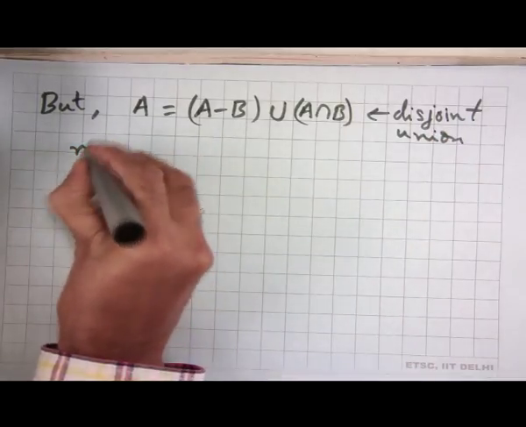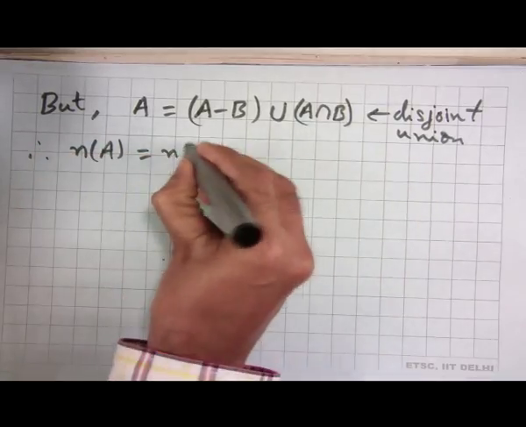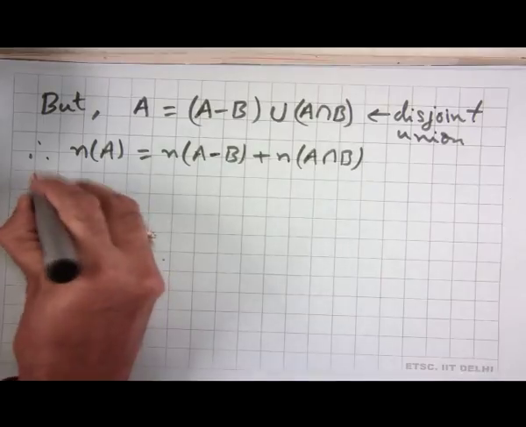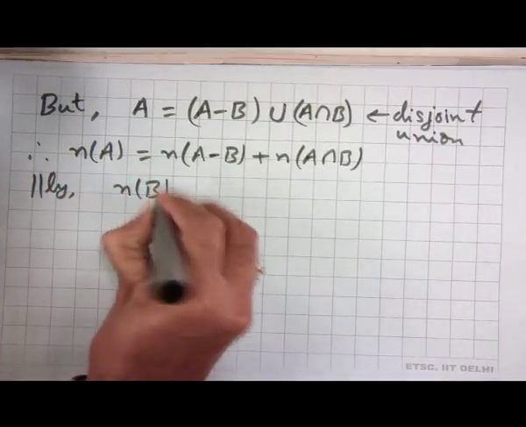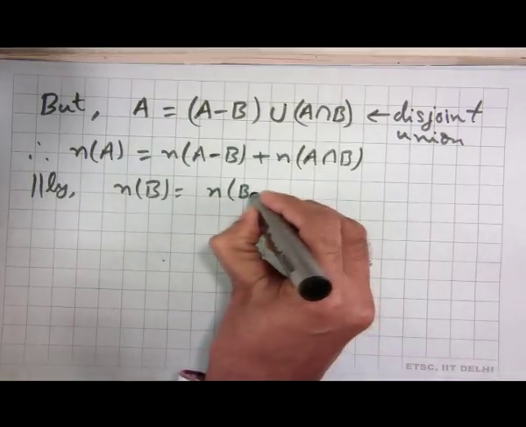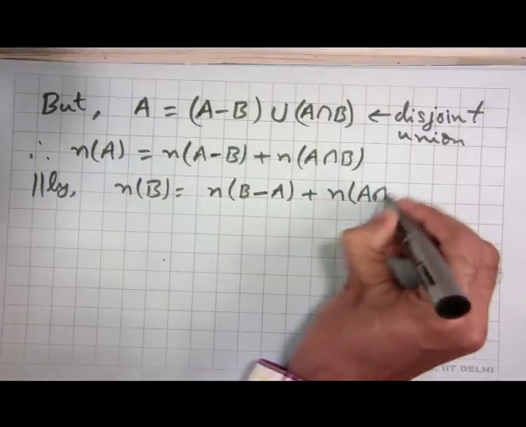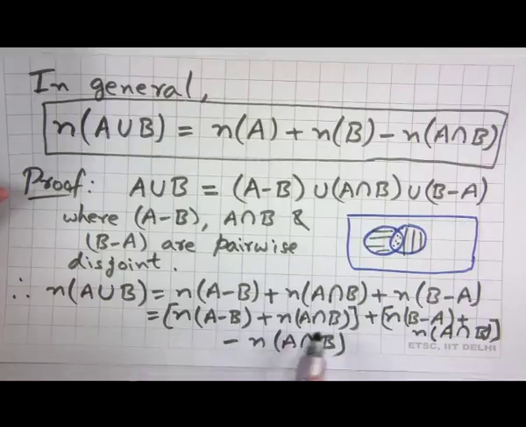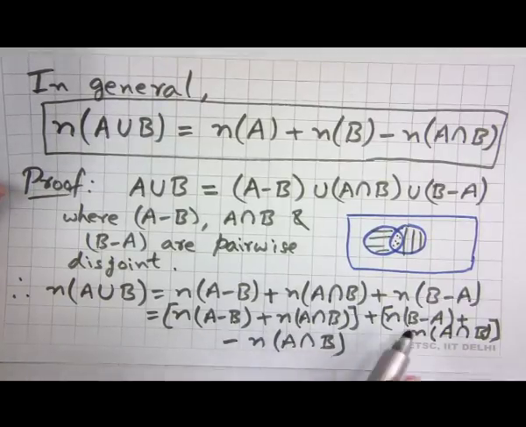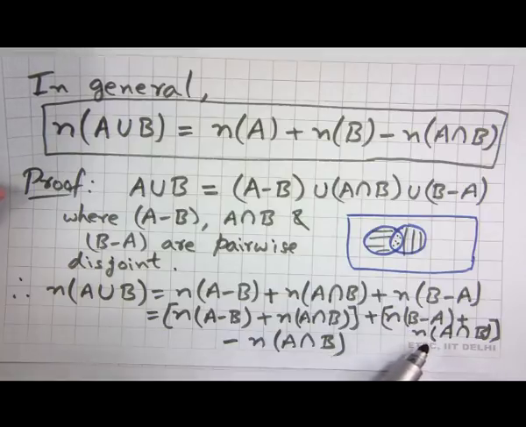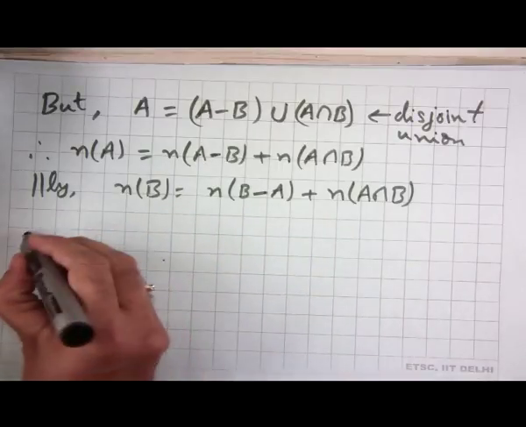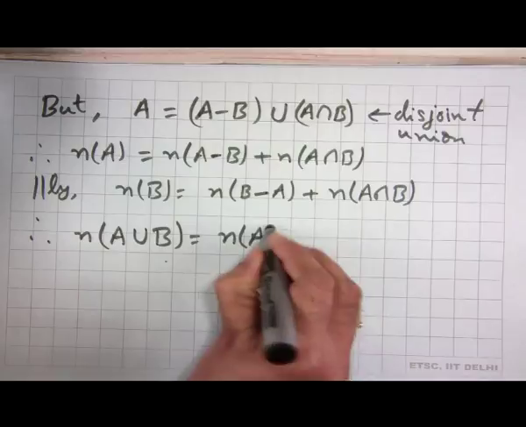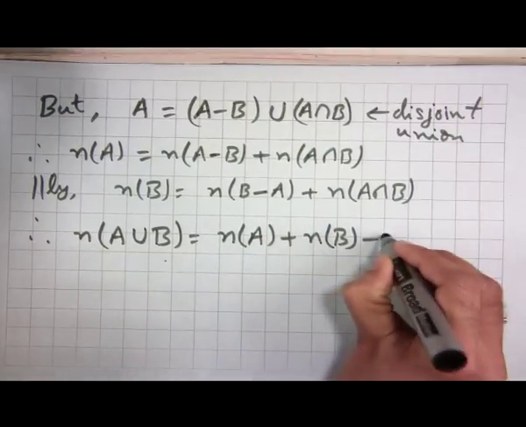So, n of A is equal to n of A minus B plus n of A intersection B. Similarly, n of B is n of B minus A plus n of A intersection B. So, if you see the previous page, the first two terms, n of A minus B plus n of A intersection B, this is n of A, n of B minus A plus n of A intersection B, this is n of B, and then we have minus n of A intersection B. So, therefore, n of A union B is equal to n of A plus n of B minus n of A intersection B.